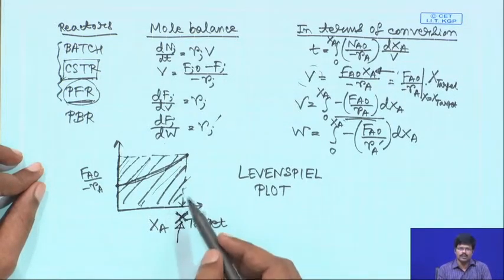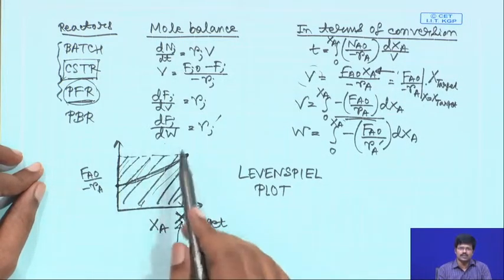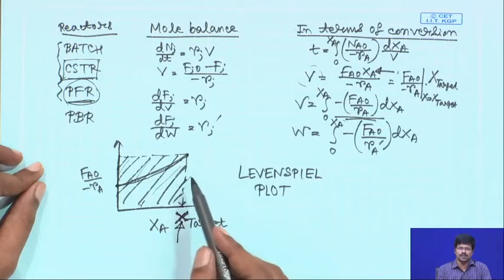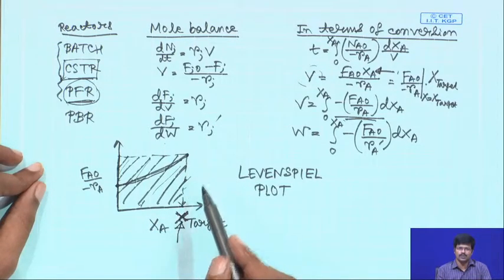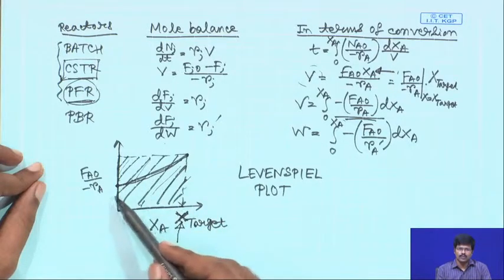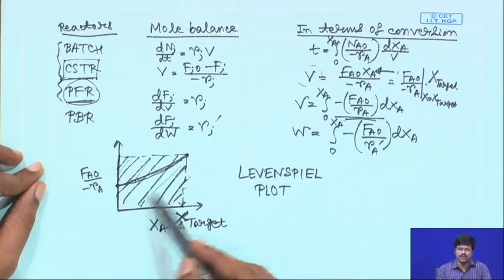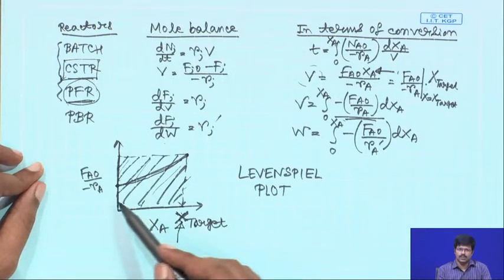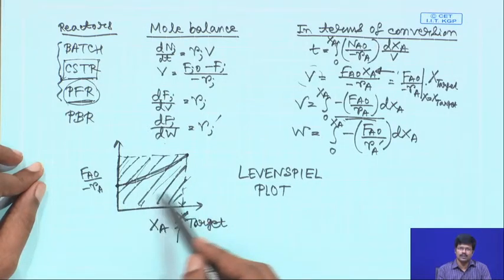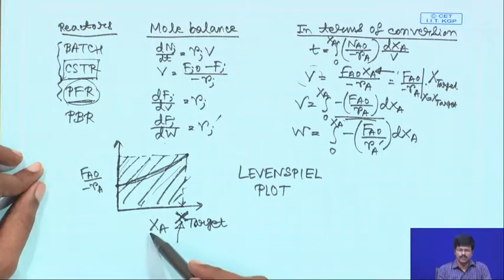If we are trying to achieve it by using 2 CSTRs in series, then the total volume necessary will be lower than the volume necessary if you are using only one CSTR to achieve this particular conversion. However, if you are using several PFRs in series, or if you are using only one PFR and targeting a particular conversion, the total volume necessary will be the same. It is always the area under the curve. These things we discussed, and we also worked out some problems.